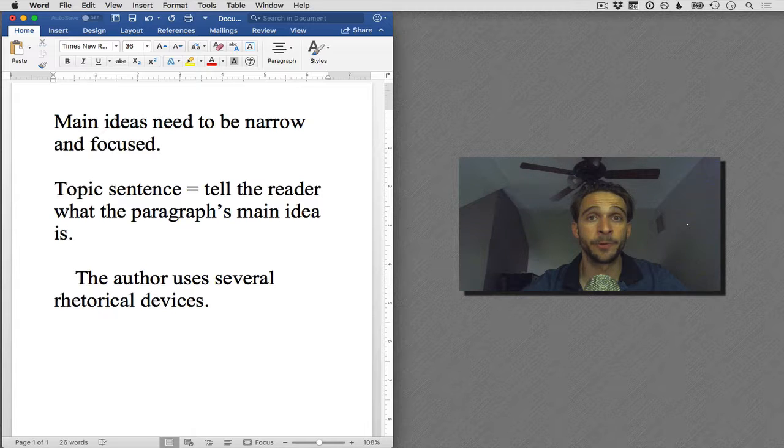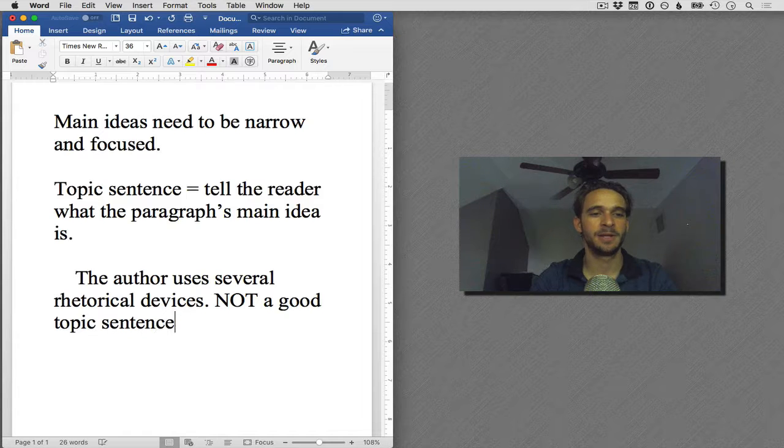Now, that may be true, but what this tells your reader is that this paragraph is going to be about the several rhetorical devices. And do you think that you can write a focused paragraph that goes in depth on several rhetorical devices? I don't think you can do it. I don't think I could do it. So this is not a good, I don't mean to yell, not a good topic sentence because it's vague.